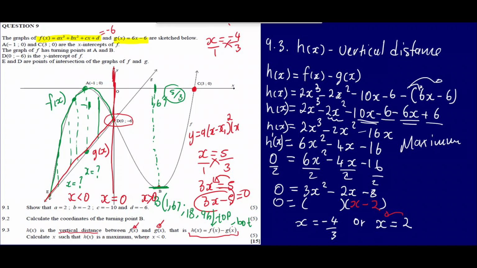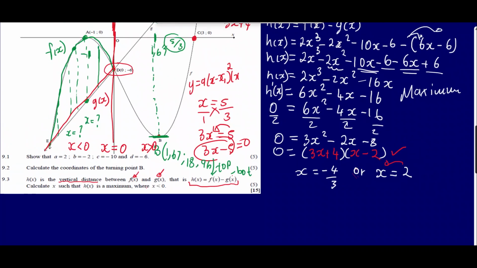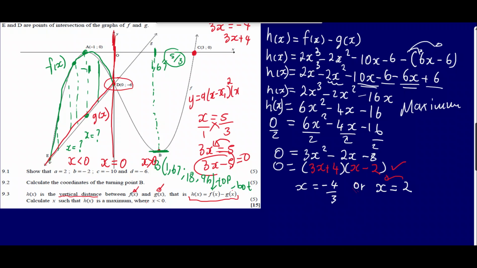And for x equal to minus 4 over 3, act like we are cross multiplying this. If you cross multiply, we'll get 3x equal to negative 4. And if you transpose back, it's going to be 3x plus 4. So you can complete your brackets here. So it's 3x plus 4. Then you earn yourself the 1 mark for the factors, with the right answers from your quadratic formula, if you can factorize.